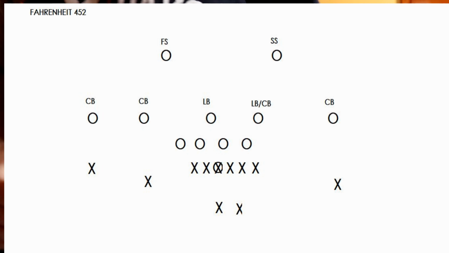Anyway, I did want to put up something else as far as that Strat-O-Matic type football game I've been working on. Let me put this matrix on the screen just a second here. Okay, I'll put up the graphic I had on yesterday's video of what I called the Fahrenheit 452 defense.